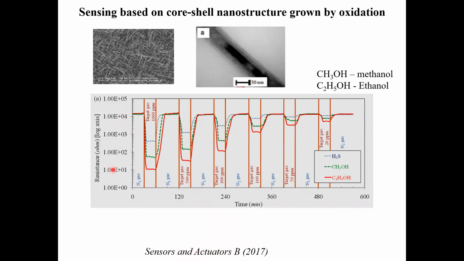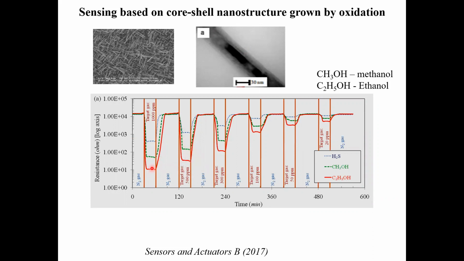They're looking at the resistance response as a function of time for different levels of hydrogen sulfide, methanol, and ethanol. And you can see that compared to hydrogen sulfide, methanol, ethanol sensitivity is better.